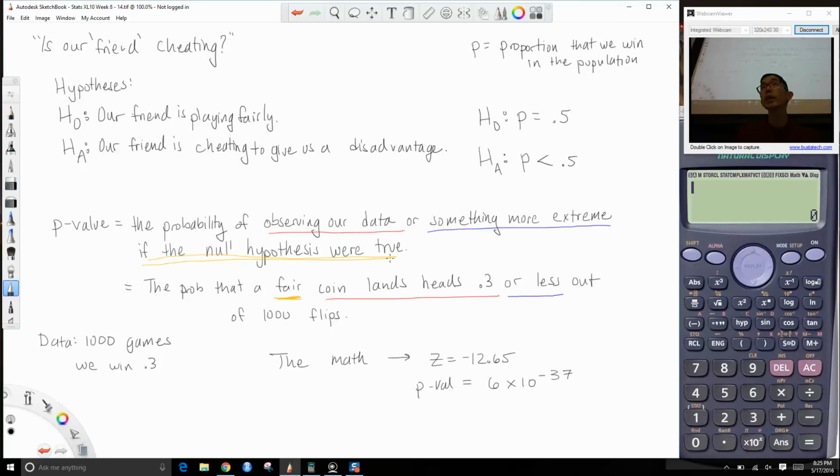We're not calling into question whether the coin is rigged in such a way to give us 0.3. We're only interested to see if the coin is doing something to be less than 0.5. We happen to get 0.3, but we're not interested if it's exactly 0.3 or not. We just want to know, is it less than what it's supposed to be?